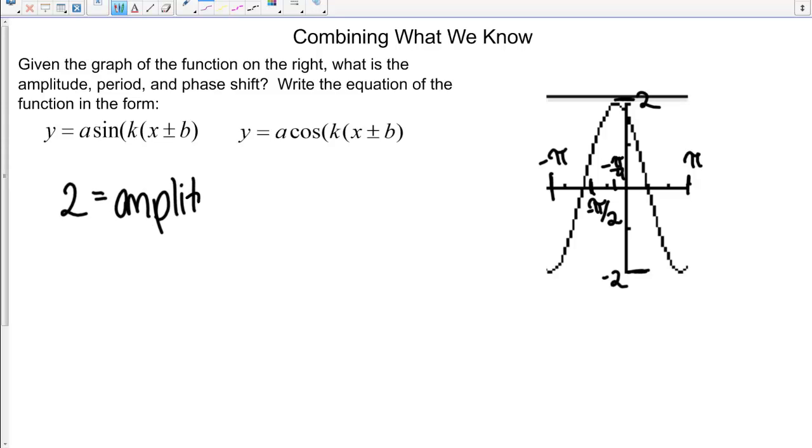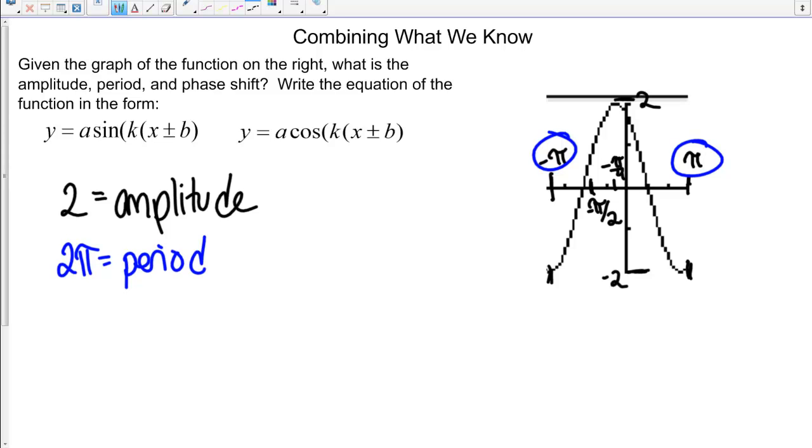Our period is when we start to repeat our values. So we have one period from here to here, going from negative pi to pi. So that's pi plus pi, so our period is 2 pi. So that means that k equals 1. This means that a equals 2.